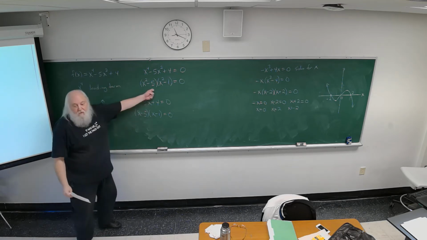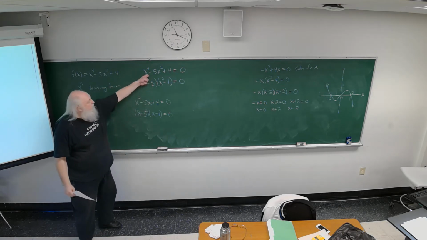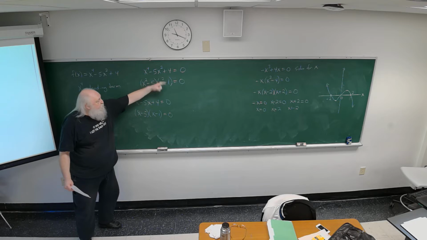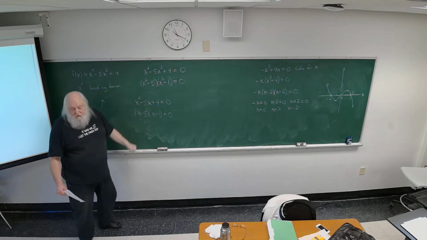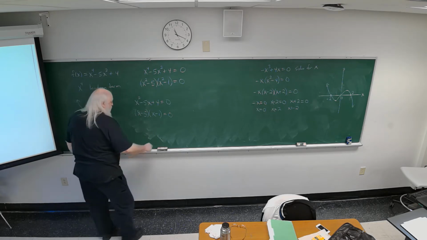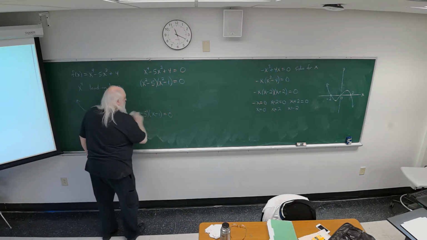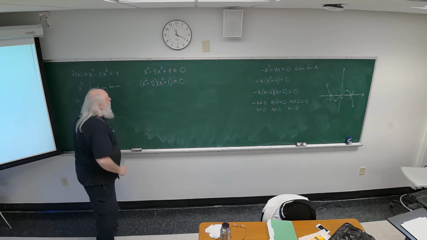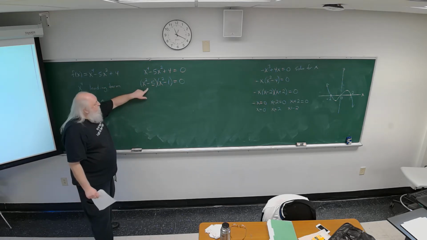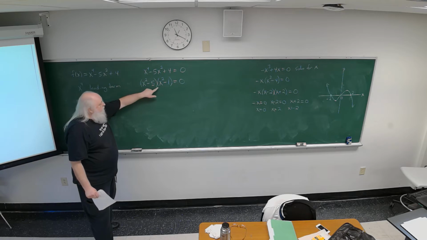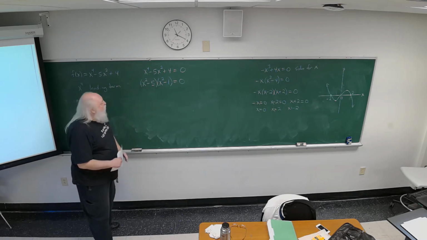And when you FOIL this, you end up with x to the 4th minus 5x squared plus 4. Right? You can verify my factors by FOIL. Okay. So this 4th degree polynomial factors into x squared minus 5 times x squared minus 1.